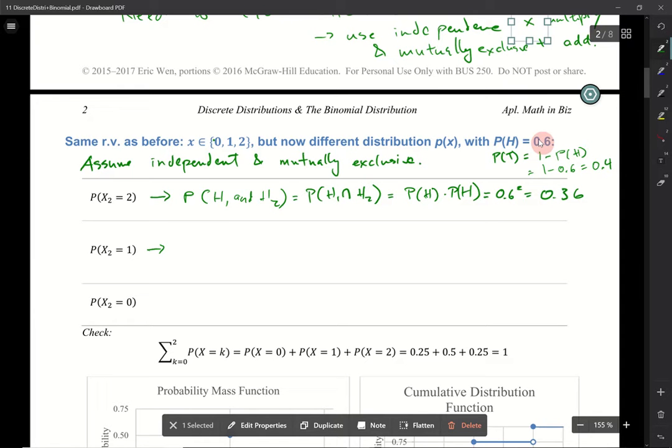We have this binary event, manufacturing defect or no manufacturing defect, late or on time, or success or failure, and so the one probability is 0.6, and the complement of that is 1 minus 0.6, which is 0.4. And now we're repeating this twice, and we want to know the probability that it comes out just 1.